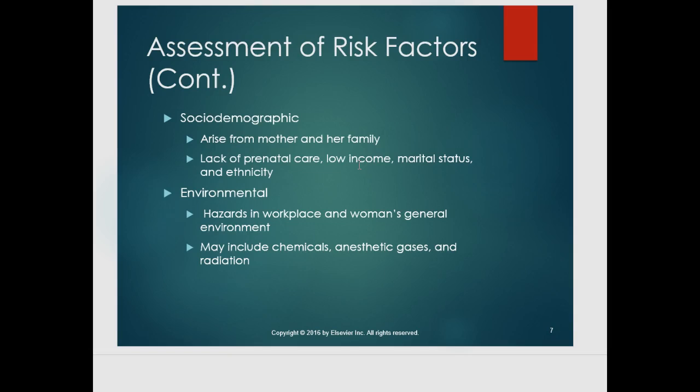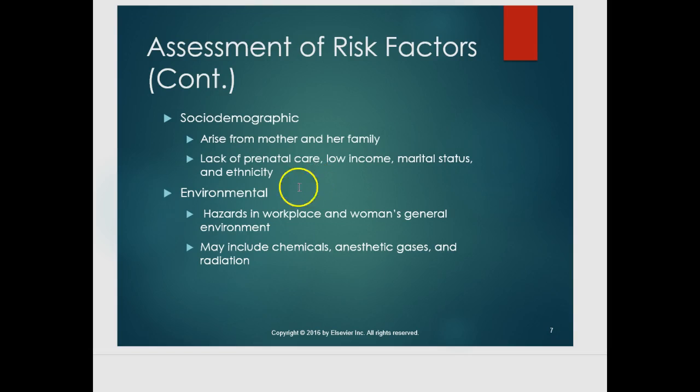Also, low income could mean barriers to getting medication, to getting transportation to the clinic or facility they're seeing, and of course there are barriers of care for people who don't have access. Marital status, I don't know. And then ethnicity.